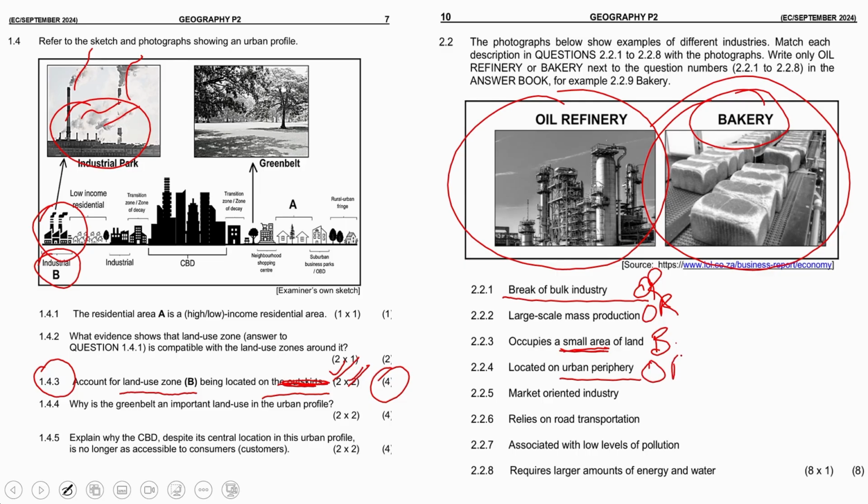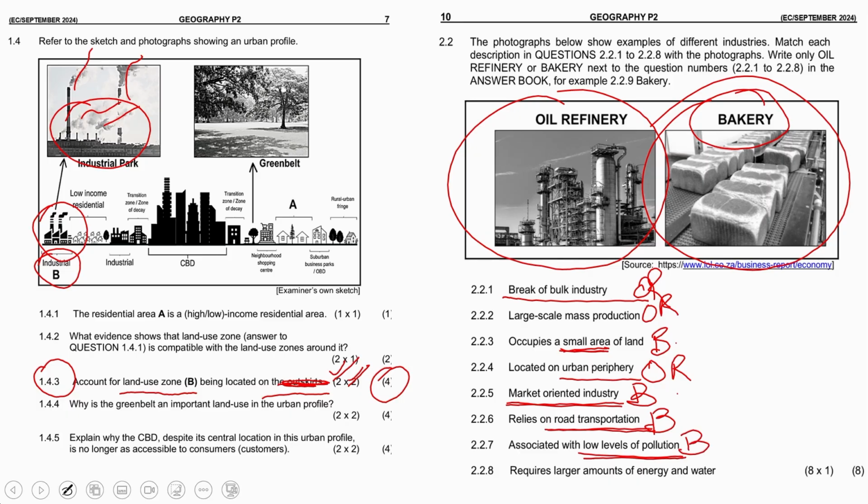That is the oil refinery, heavy industries. Market orientated, must get to the people who need it as fresh as it can be. That is the bakery. Relies on road transportation, existing networks, no special adaptations. That is the bakery. Associated with low levels of pollution. Remember, light industries have low levels of pollution.